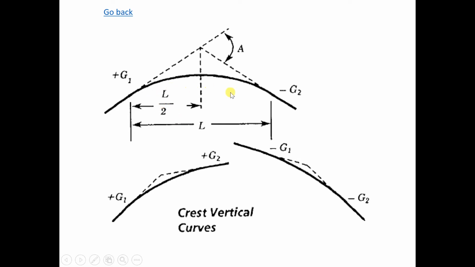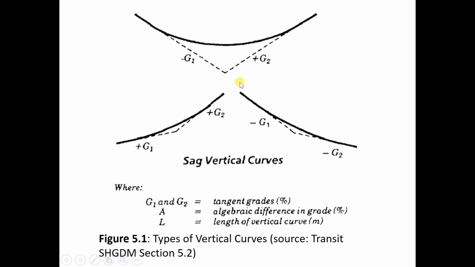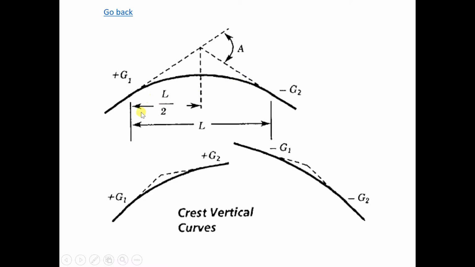The curve is this way, it's called convex. The other one is concave. So if your curve is going up, where you curve upwards and going down, then these are the crest vertical curves.